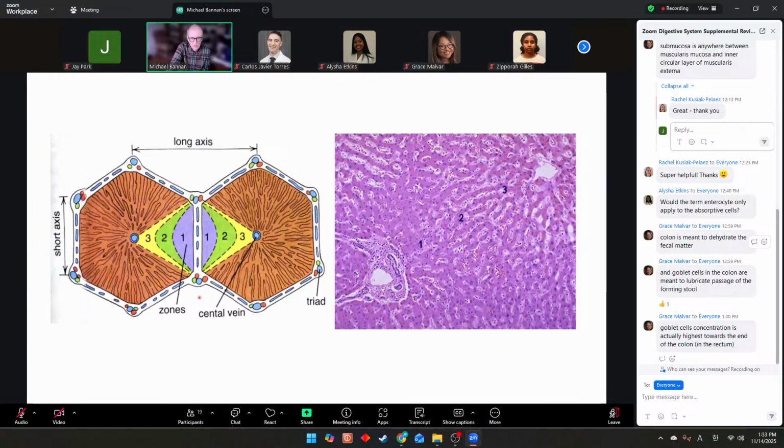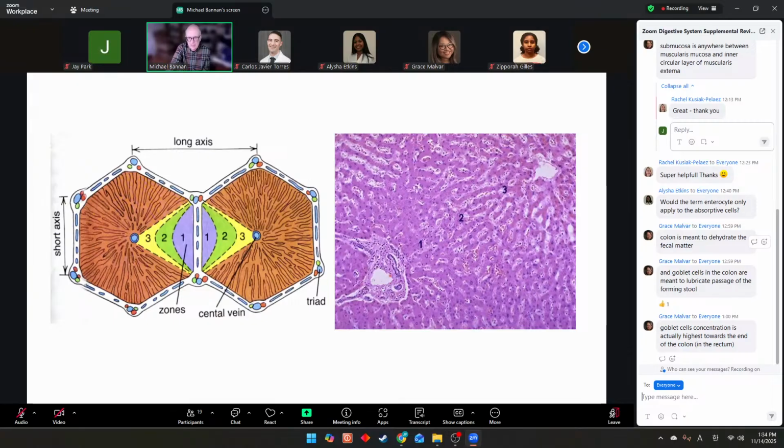Now, this is where the organization comes in. Using this scheme, we label the different zones of the hepatocytes based on their proximity to the portal tracts. So proximity to the portal tracts is also proximity to oxygenated blood in the hepatic arteriole and nutrient-rich blood in the portal venule.